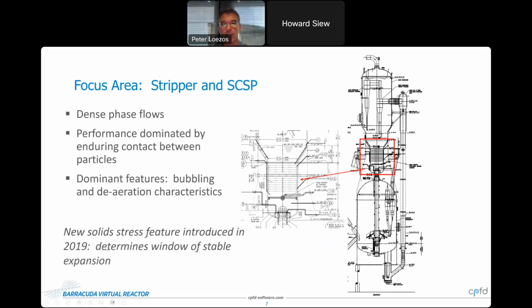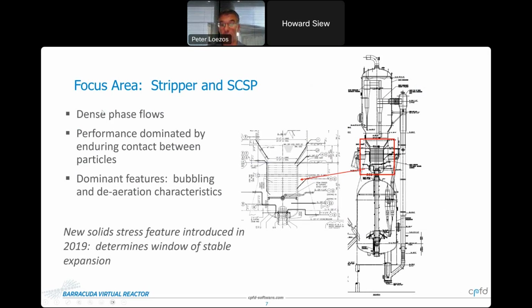Now I'm going to transition and talk to you about our first focus area, which is the stripper and the spent catalyst standpipe. Again, these are dense phase flows, and here the performance is going to be dominated by enduring contact between particles. The dominant feature here, what's critical to capture when modeling these flows, are the bubbling and de-aeration characteristics.